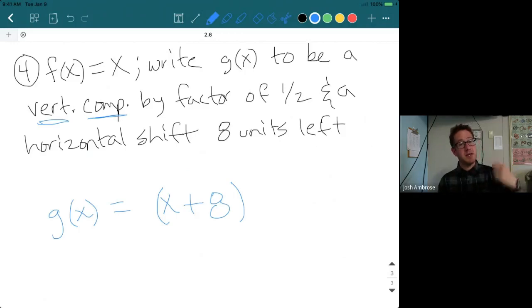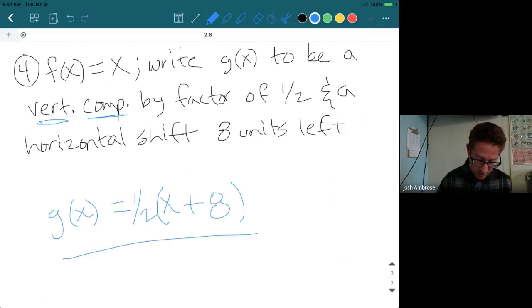And if you look back in your notes, a vertical compression means we have to take the whole equation, which, by the way, is already in parentheses. So there's the equation, and multiply it by the factor given. In this case, the factor given is 1/2. That's it. You're looking at it right there.